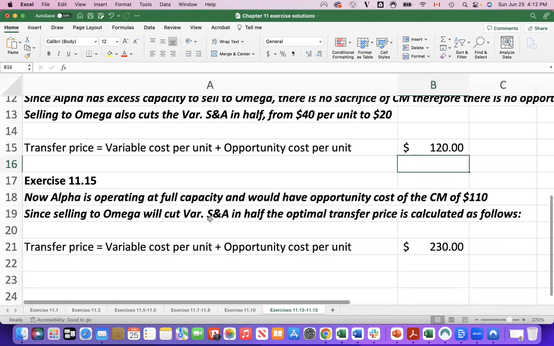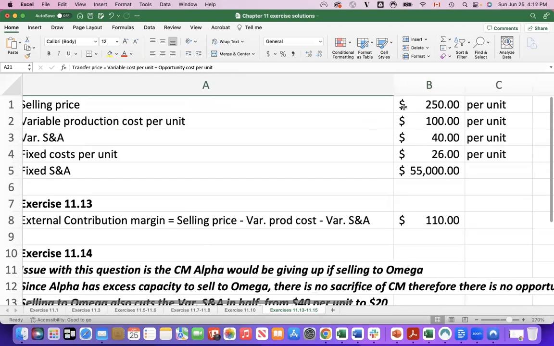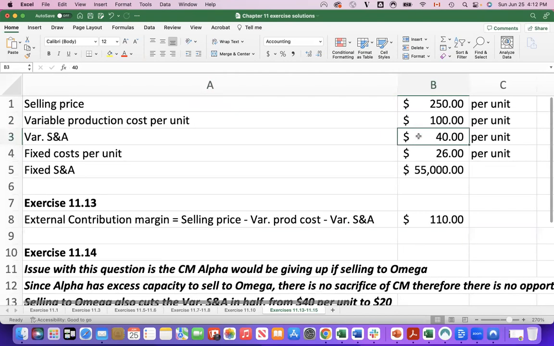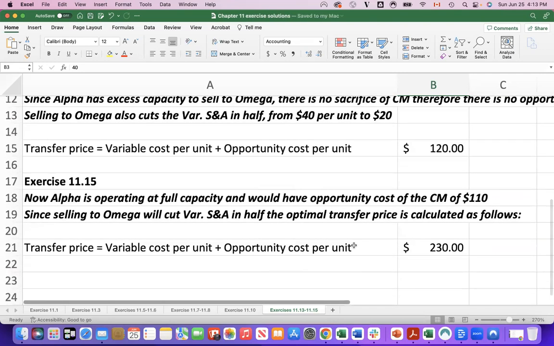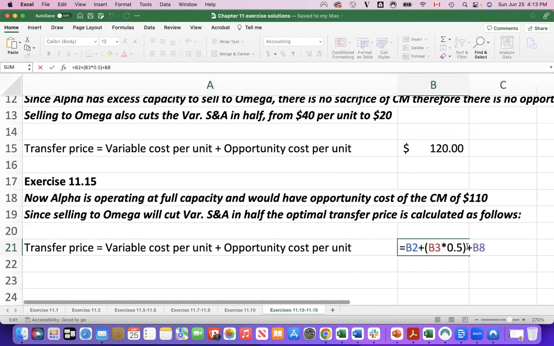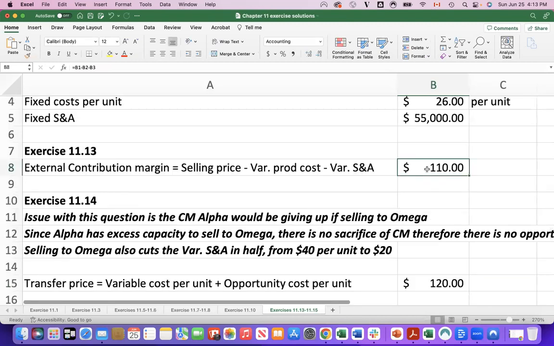So the transfer price in this instance is still the variable cost per unit, which is $120, which is again the variable production cost of 100, and then 50% of the variable selling and admin rate that they're charging externally, so $20 there. But now there is an opportunity cost. The opportunity cost here is cell B8, which is the contribution margin per unit that Alpha generates from external sales.